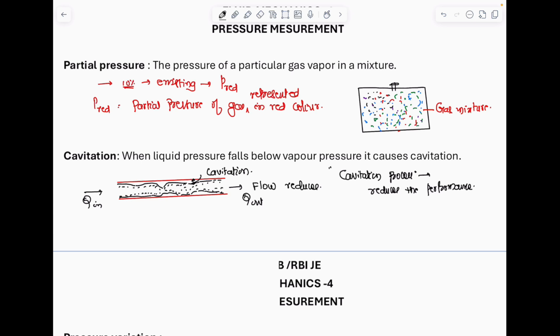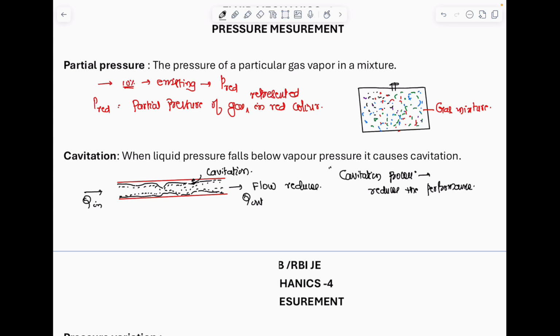This happens when the pressure of the liquid falls below the vapor pressure. When the pressure of the liquid falls below the vapor pressure, cavitation occurs.